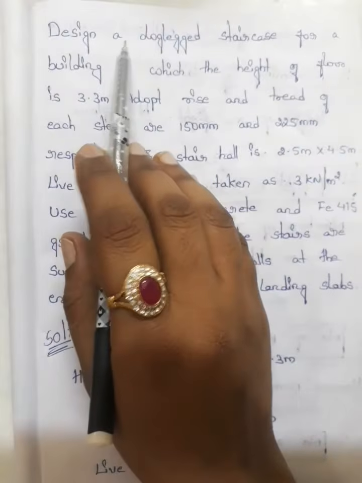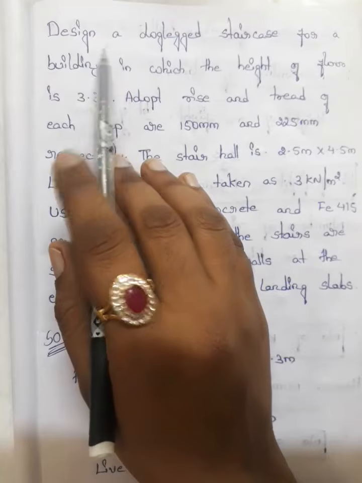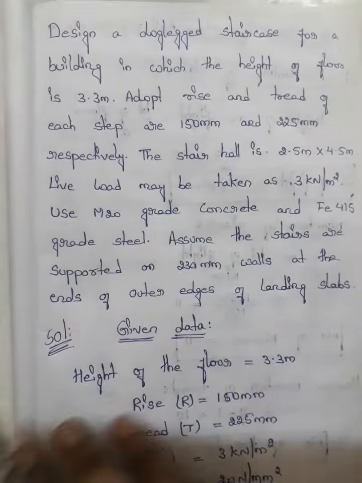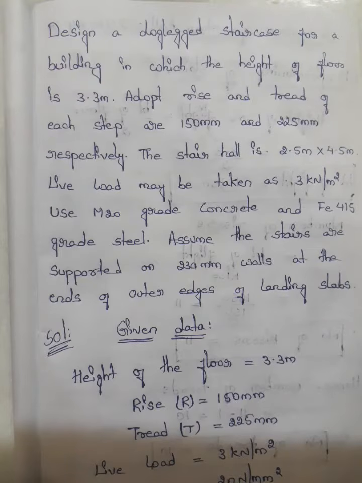So before going into the solution, we'll see the question first. Design a dog-legged staircase for a building in which the height of floor is 3.3 meters. Adopt rise and tread of each step as 150 mm and 225 mm respectively. The stair hall is 2.5 meters by 4.5 meters and live load may be taken as 3 kilonewton per meter square.